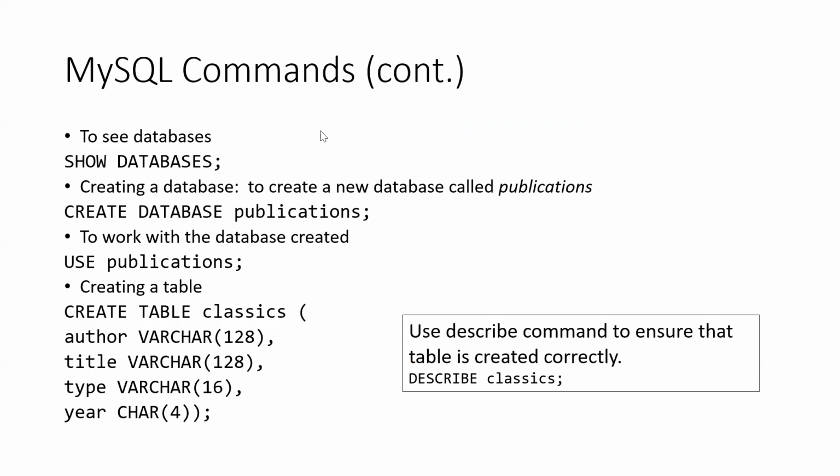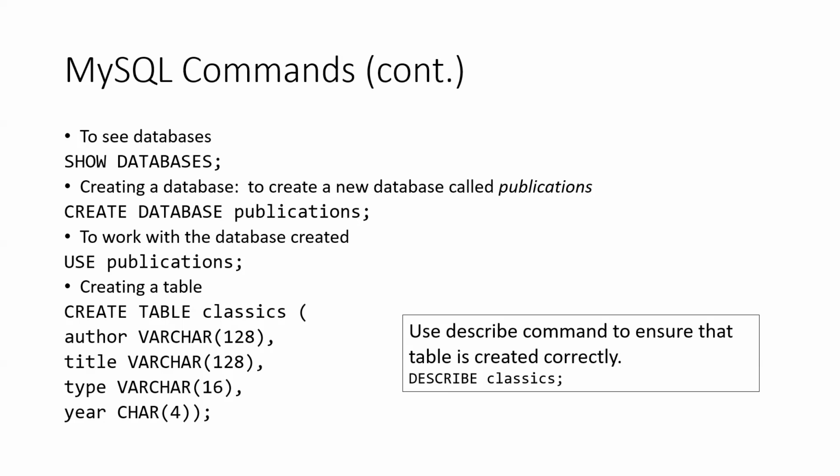Here is the first set of commands that we are going to discuss in today's session. There are a few commands that you can use to see what is already in the database. Once you connect in MySQL, you can type show databases to see what databases already exist.